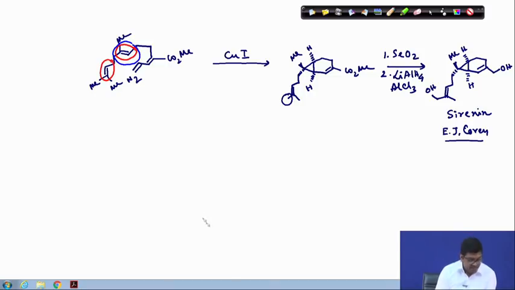Next we will see another heterocycle, this is called the benzothiophene derivative, and its intramolecular carbene insertion into the corresponding double bond. Here, what will it give in presence of a rhodium complex?